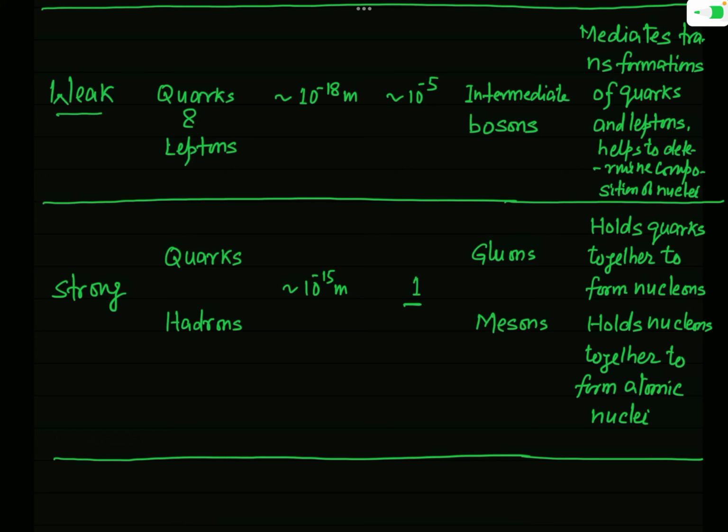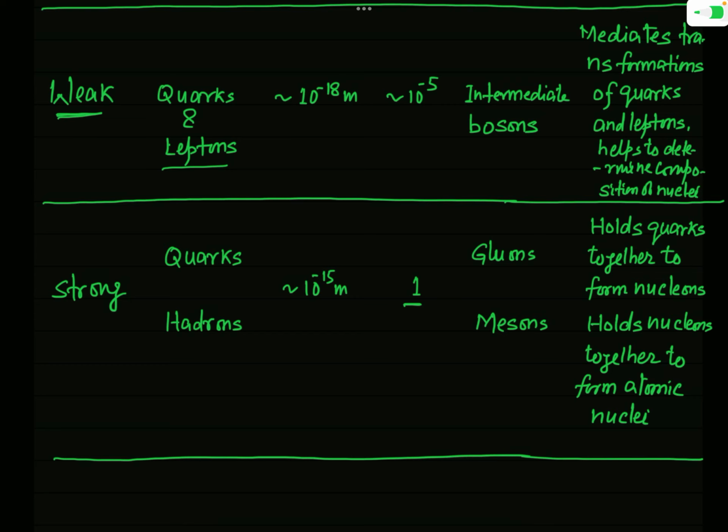And what particles will be affected by this weak interaction? In fact, this weak interaction affects quarks and leptons. Quarks and leptons are affected by this weak interaction. And what is its range?